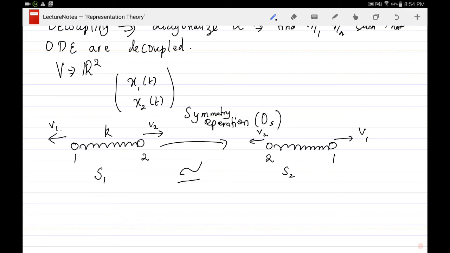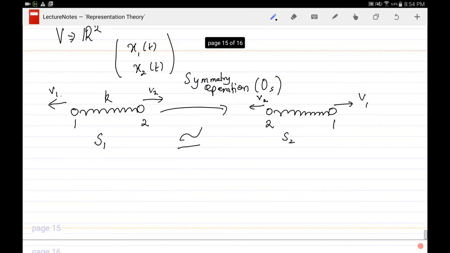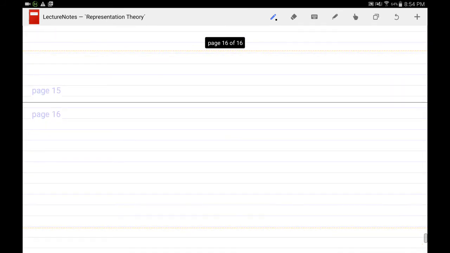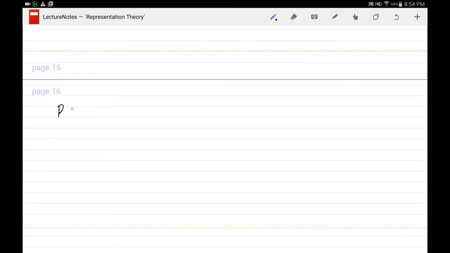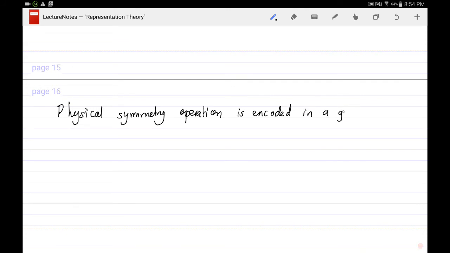So the idea that I can switch, relabel my masses obviously can be encoded in a group. So a physical symmetry operation is encoded in a group.